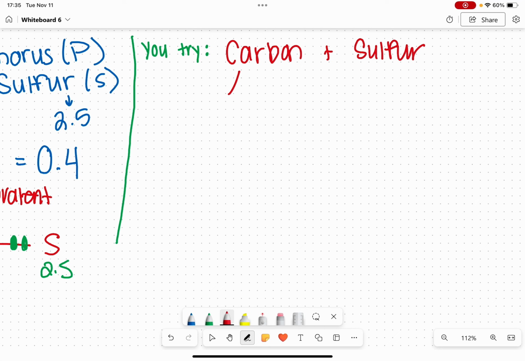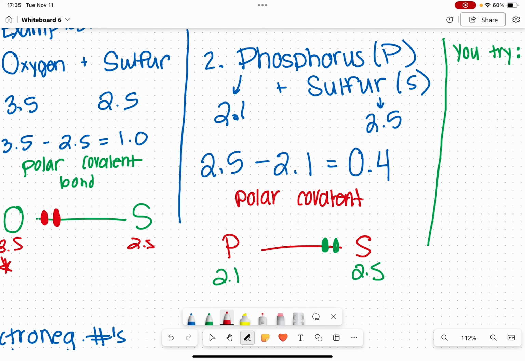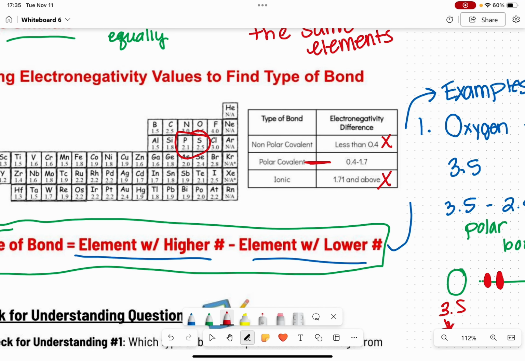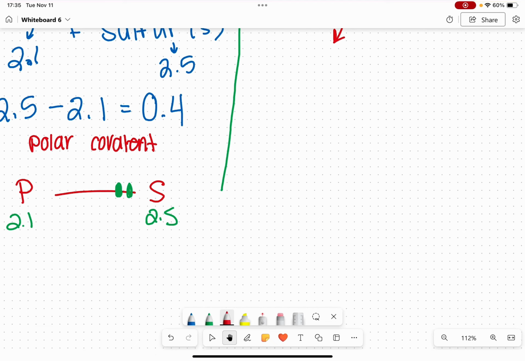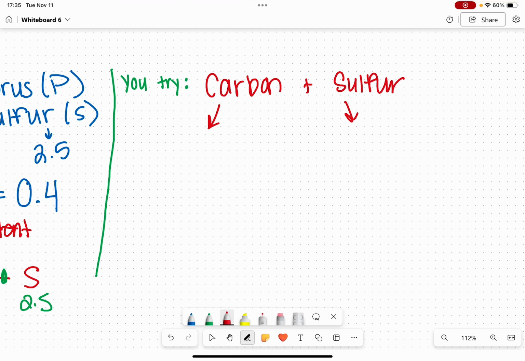Okay, so carbon in our chart has a value of 2.5. Sulfur has a value of 2.5. So I'm just going to write those down. These numbers are the same, so it doesn't matter which one you put first. 2.5 minus 2.5 is going to equal 0.